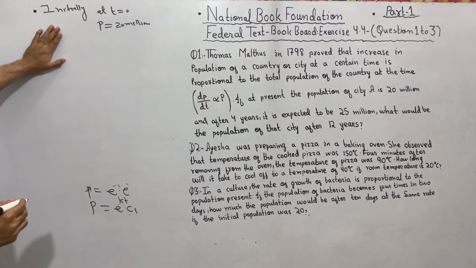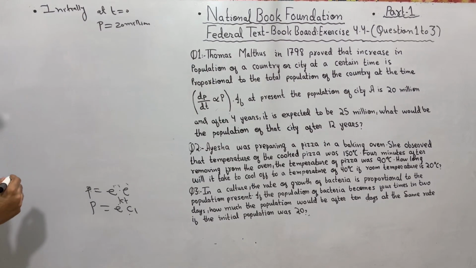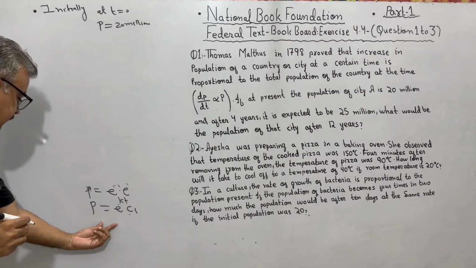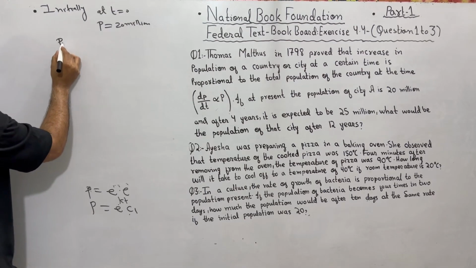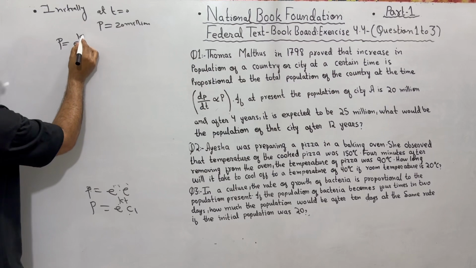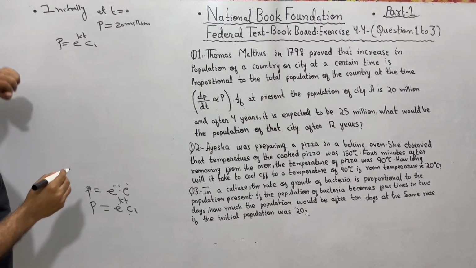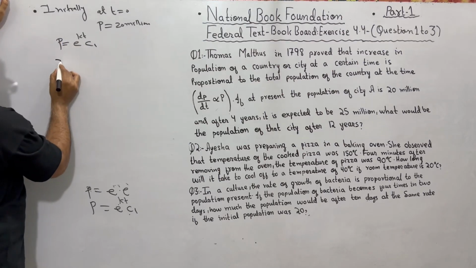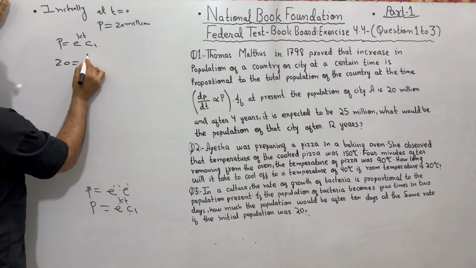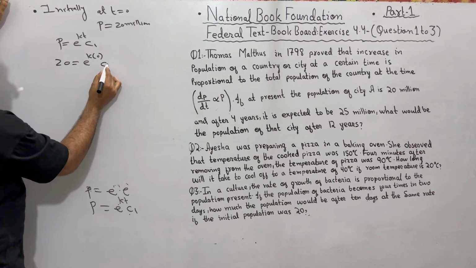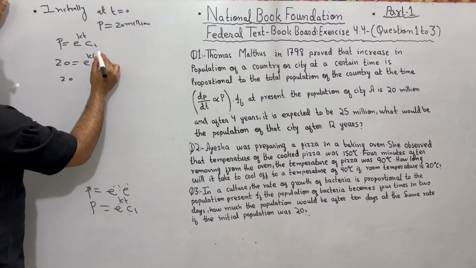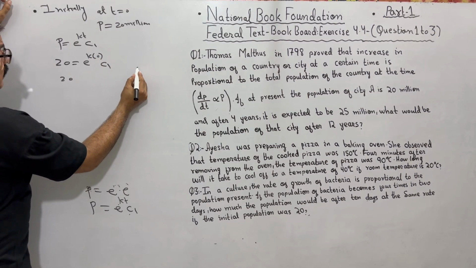Utilizing that condition to find the values of the constants in P equals e raised to kt times c1, I plug in t equal to 0 and P equal to 20: 20 equals e raised to k times 0 times c1.